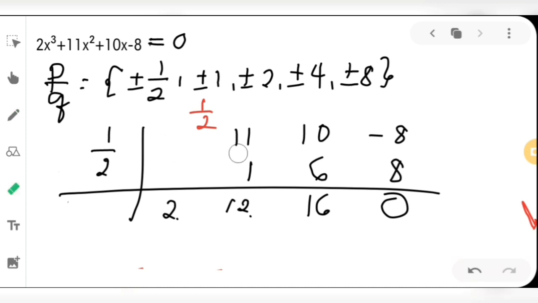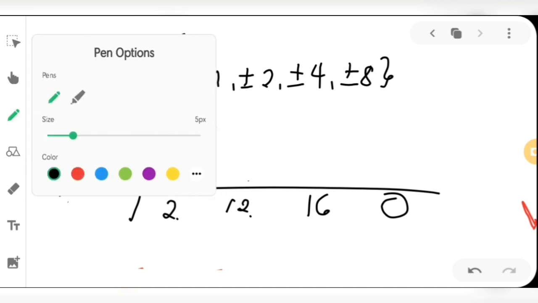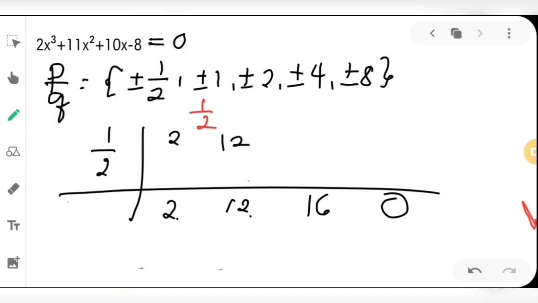Now let us try 1/2 again using the numerical coefficients of our quotient. So we have 2, 12, 16. So okay, no need to divide by the denominator since we are looking only for the roots.